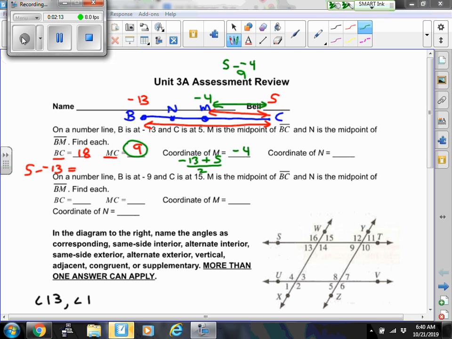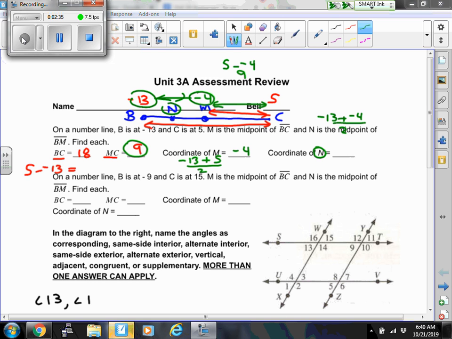Now, N is supposed to be between these two numbers. So my last question is to get the coordinate N, which means I need the middle of these two. So I'm going to add them together, because I want the middle. I put a plus in between, and divide by 2.